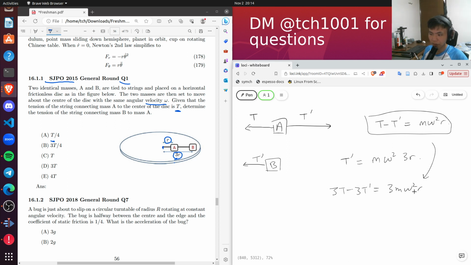We know 3m omega squared r equals T prime by the second equation. Rearranging, we get 4T prime equals 3T, so T prime equals 3 over 4 T.